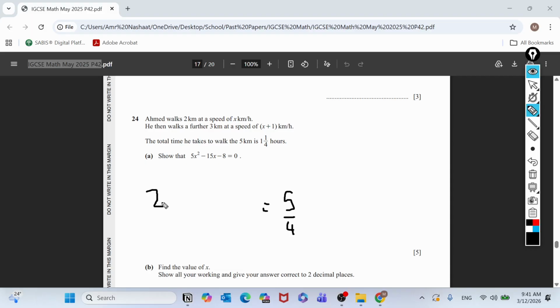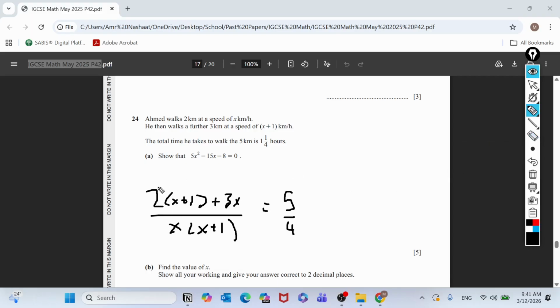So here you had 2 times x plus 1 plus 3x over x times x plus 1. Now this, we can simplify it more.